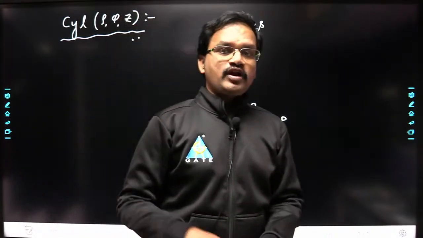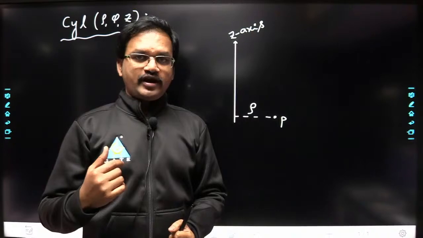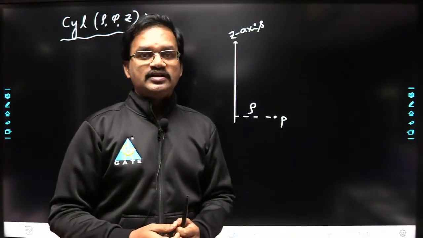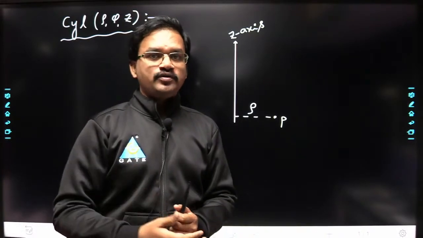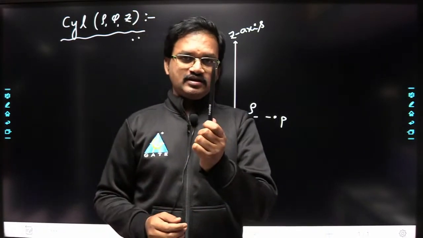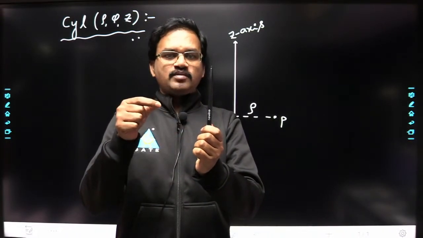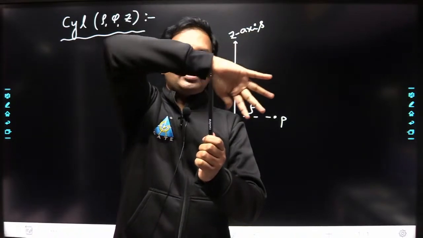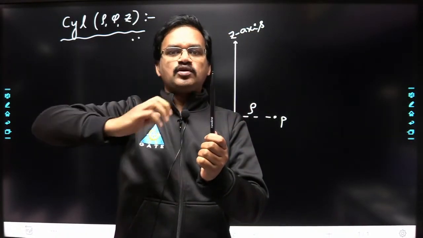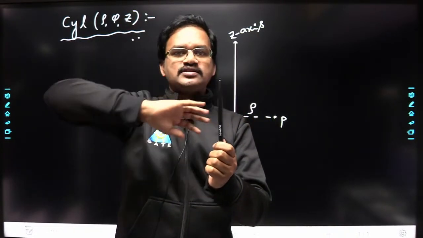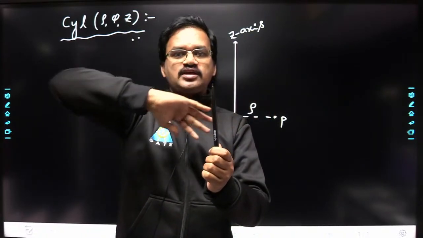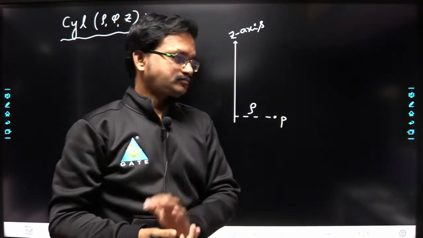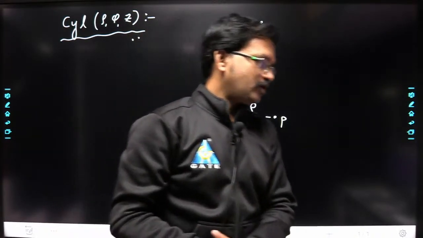If you join all the points surrounding this z axis which are at the same normal distance rho, what is the shape you are going to get? Tell me.